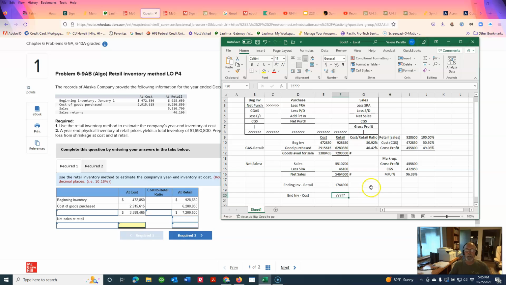Well, we apply our cost ratio. And so our cost ratio in total is 47%.